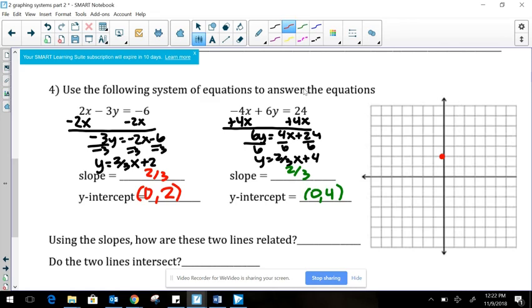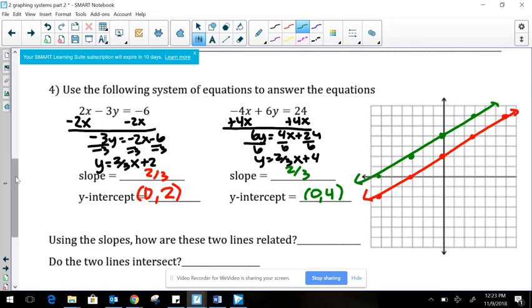So start at 0, comma 2, go up 2 right 3, up 2 right 3, down 2 left 3. Nice. Okay, and then my line in green, my y-intercept is 4, up 2 right 3, down 2 left 3, down 2 left 3.